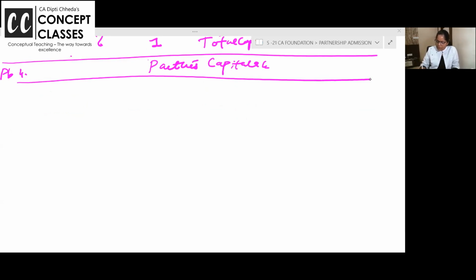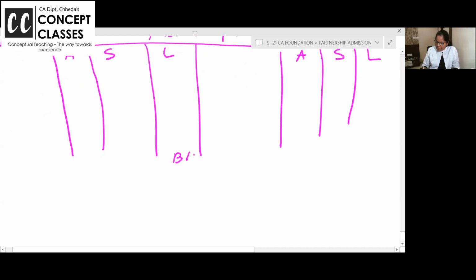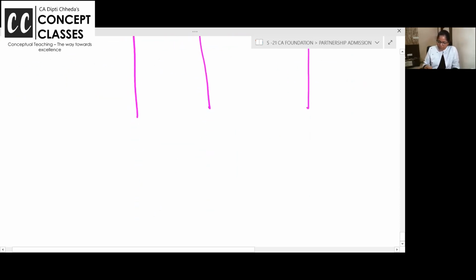This is a concept of hidden goodwill. It will come in 2-4 more problems. You will make a small partners' capital account actually. Revaluations and all are not there. Amit, Sumit and Lalit is admitted. And then balance sheet after Lalit's admission. And then working note 1.